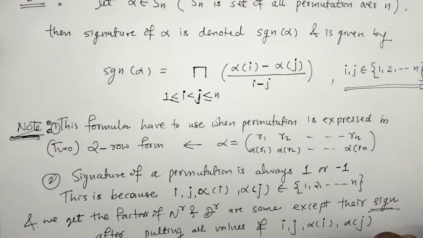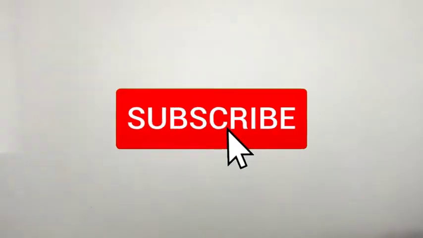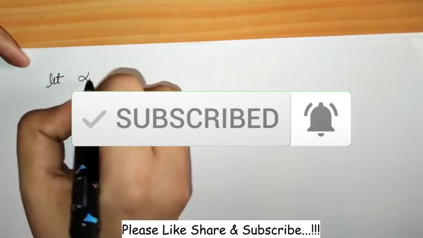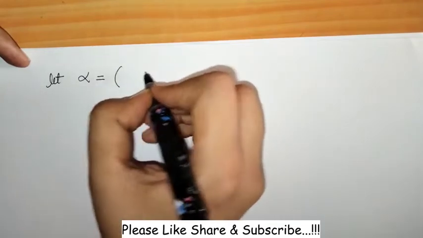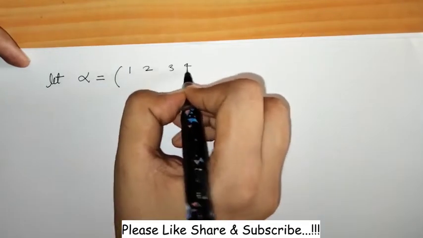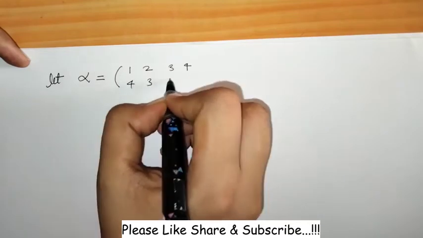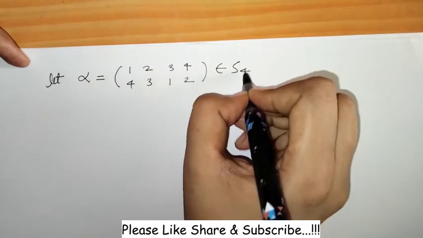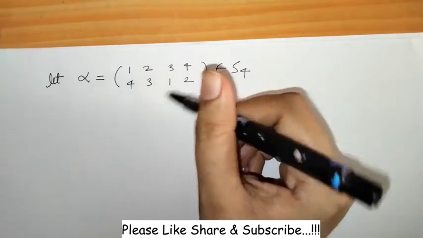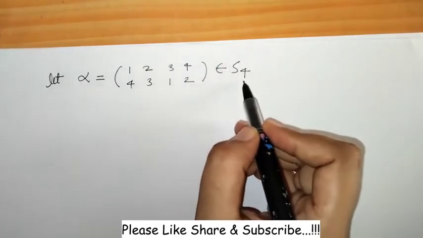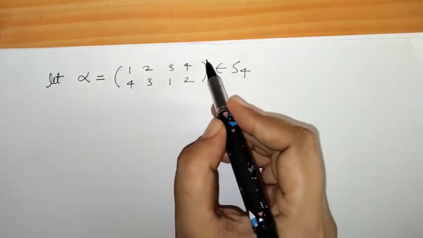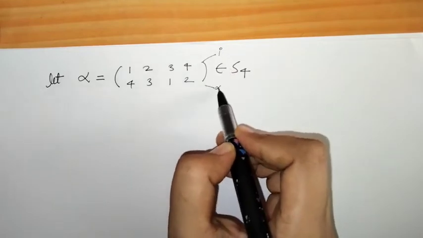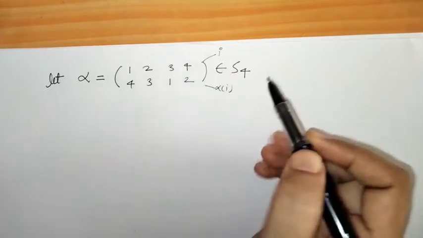So let's consider one permutation alpha for finding its signature. Let's consider alpha, which belongs to S4. We have taken this permutation of this set S4, right? Now we know that the first row denotes i, and all these are images of the respective i, right?